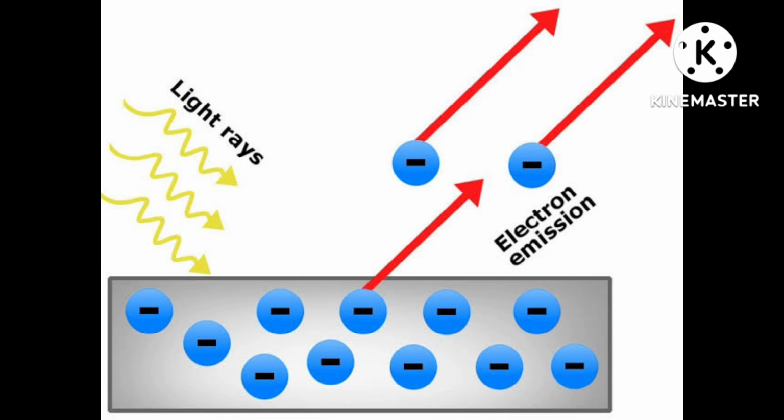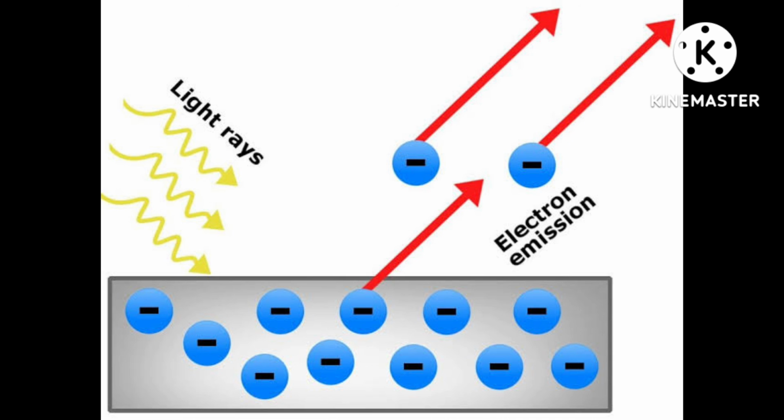Following the conservation of energy principle, the kinetic energy of the ejected electron is given by the equation h nu equals h nu 0 plus half m v square. Half m v square is the kinetic energy.